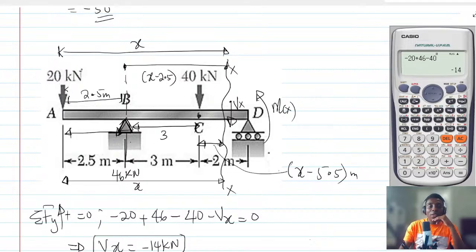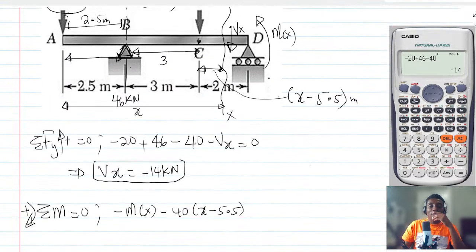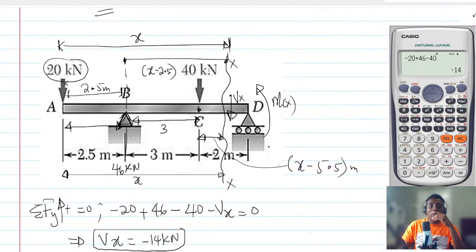So for the first force, which is the 20 kilonewton, it is going to be about x. Okay, that's the distance from where the section is. So now basically, we have done for the 40. Now let's do for the 46.